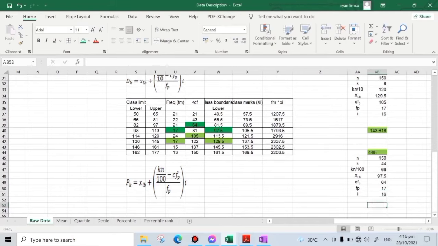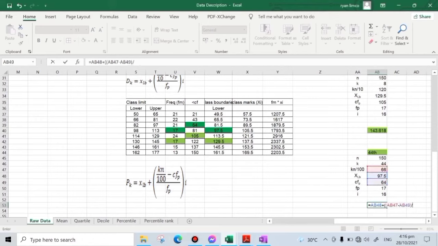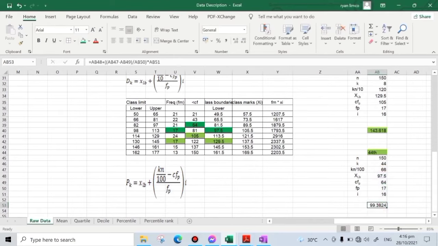So computing for the 44th percentile, we have the formula: XLB plus Kn over 100 minus CFP, divided by the frequency, multiplied by the interval I. And the answer is 99.38.